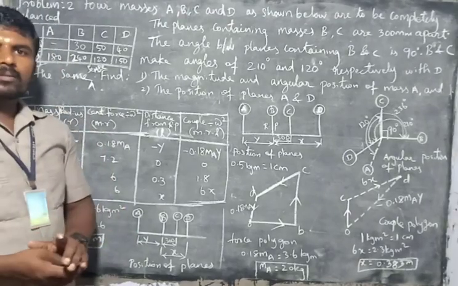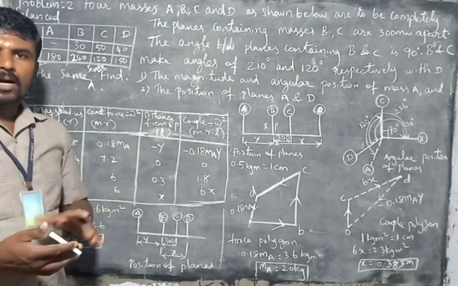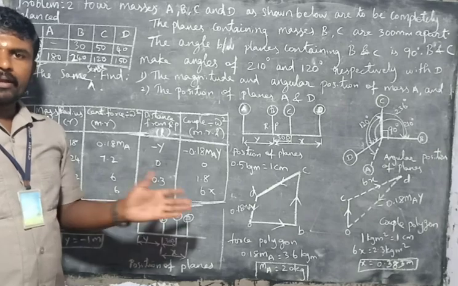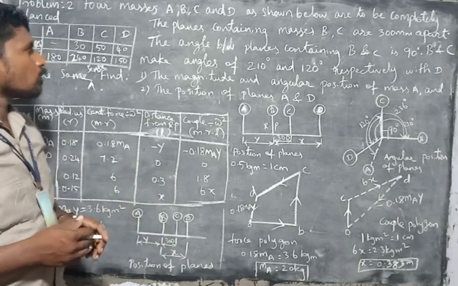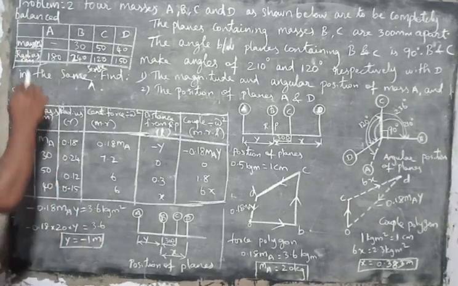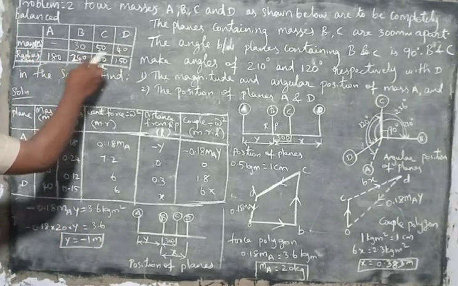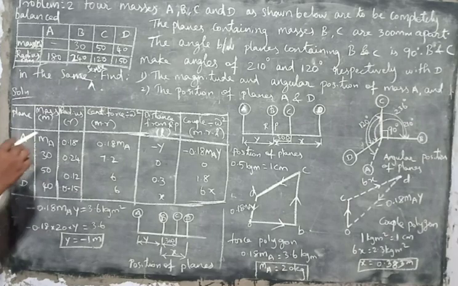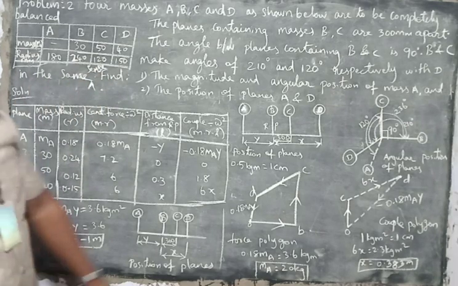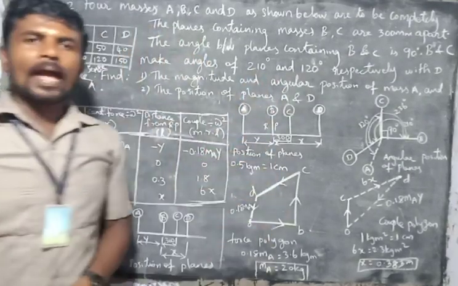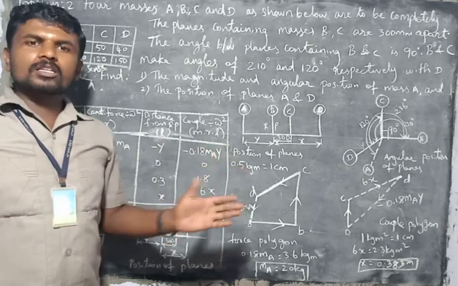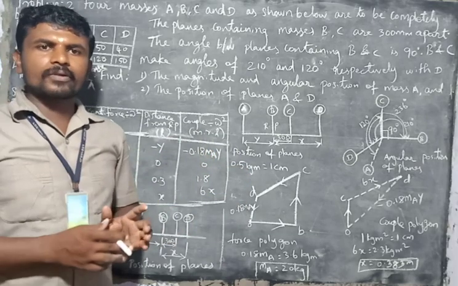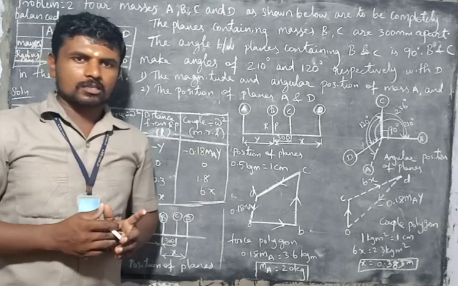In the previous problem, they gave 4 masses and they didn't mention the angular positions, right? But in this problem, they gave the 4 planes, but they gave only 3 masses, and also the 4 radii and 2 angular positions, but they didn't mention the positions of two of the planes, right?